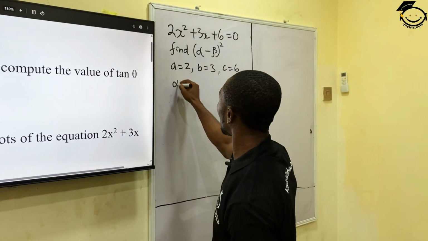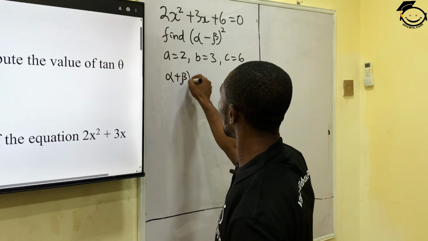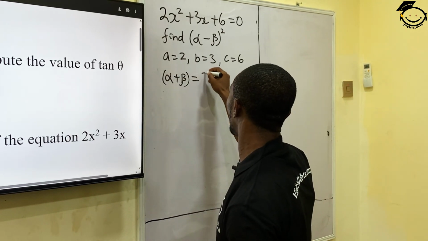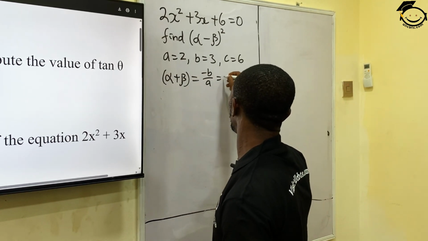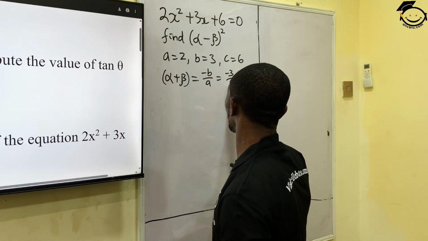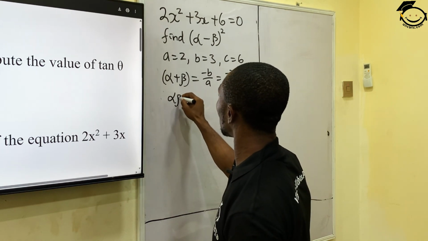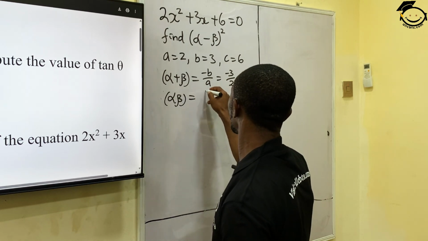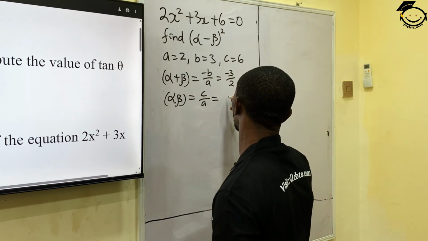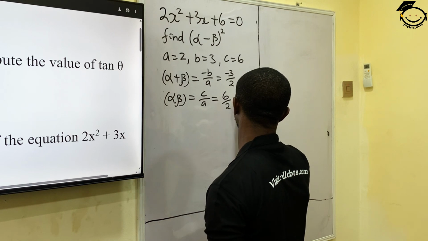Now, we know that alpha plus beta equals minus B over A, which is minus 3 over 2, and alpha beta, which is C over A, equals 6 over 2, which will give us 3.